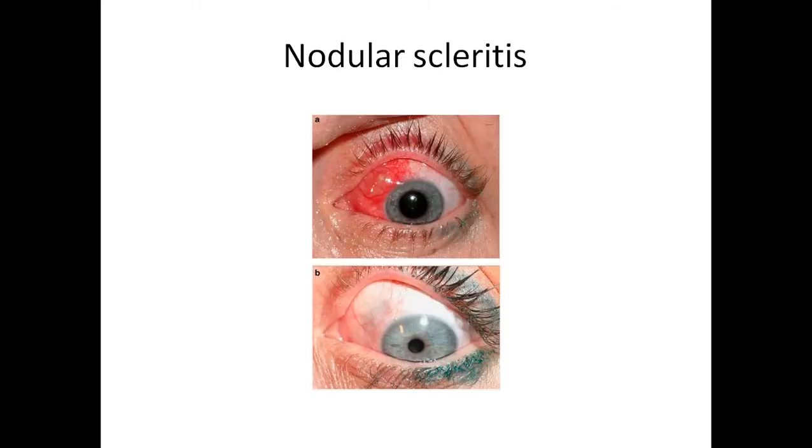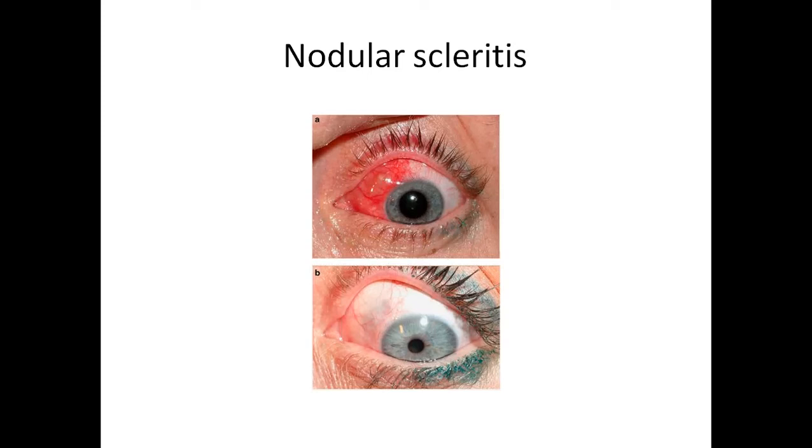So this is nodular scleritis. As I told you, scleritis will have recurrences. Whenever it heals, there will be some thinning of the sclera. In picture B, you are seeing a dark blackish part nearer to the limbus. That is because of thinning of the sclera; what you are seeing is the ciliary body.